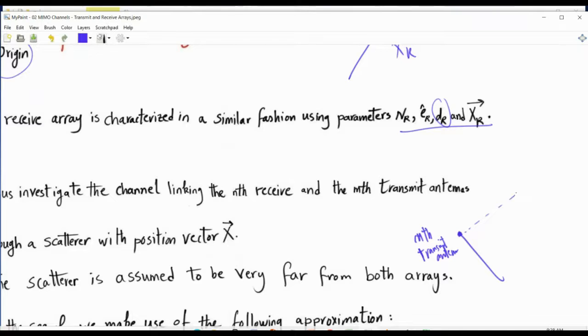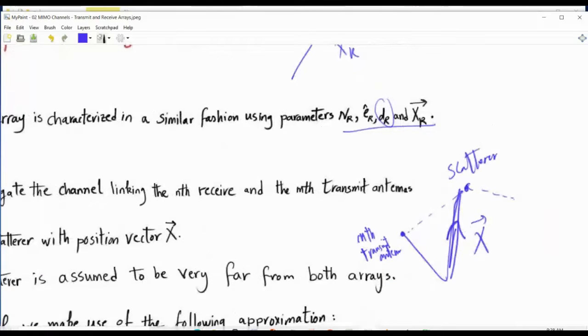Okay, and then signals will come out, and then you go to a scatterer. So there is a scatterer here. Okay, it has a certain position vector, which is big X, and then part of the scattered signal will go to the nth receive antenna.